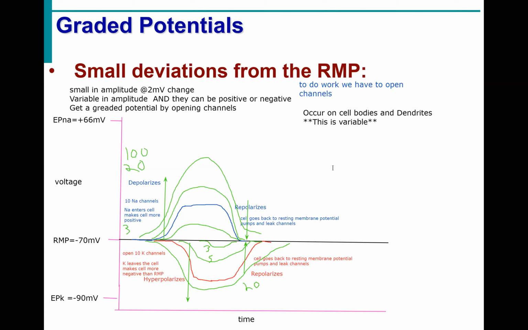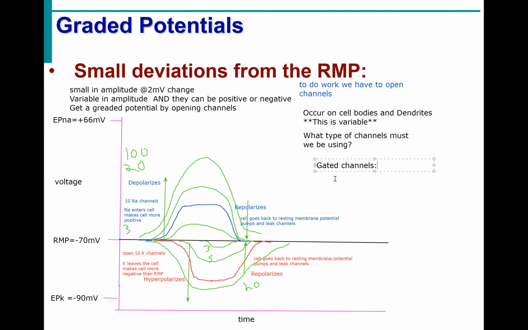And so the last piece we need to add to this is what type of channels we must be using. If you remember, there are 3 types of gated channels.